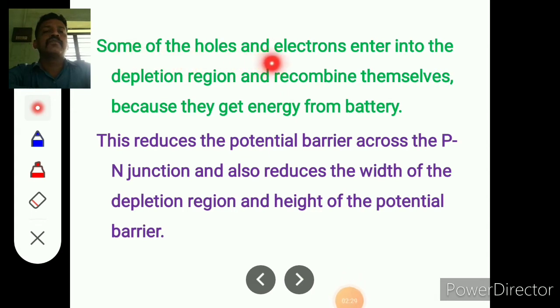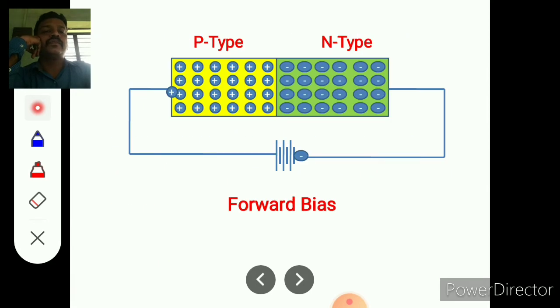Some of the holes and electrons enter into the depletion region and recombine because they get energy from the battery. This reduces the potential barrier across the PN junction and also reduces the width of the depletion region and the height of the potential barrier. So the holes are moving in this direction and electrons in this direction.